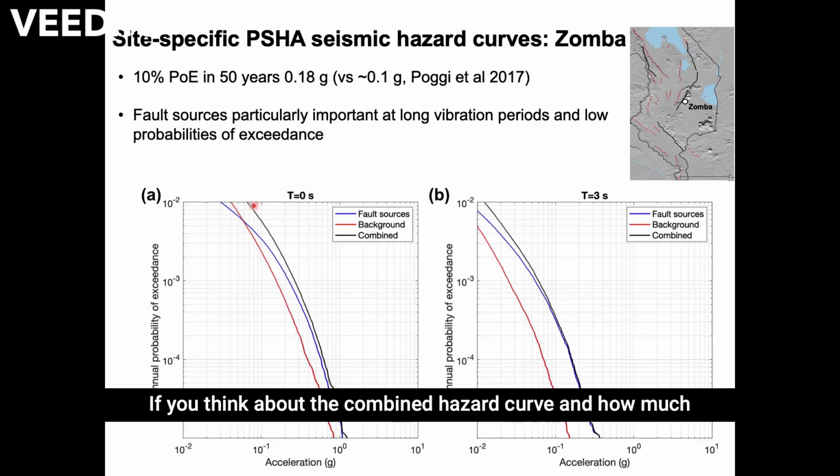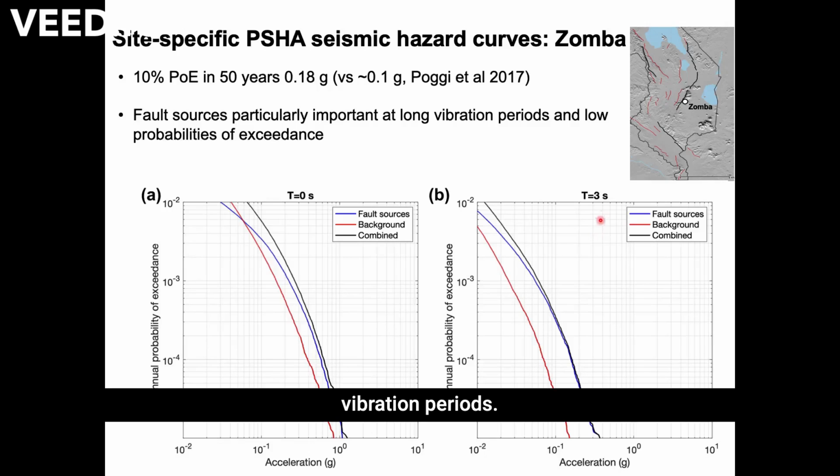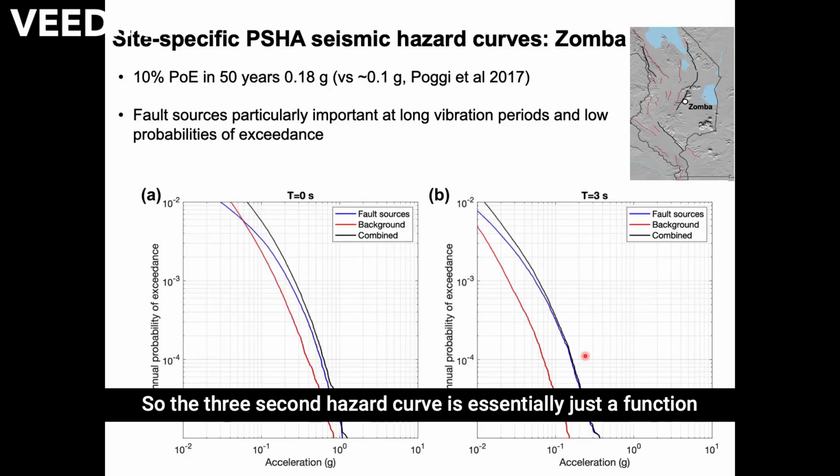If you think about the combined hazard curve and how much it reflects the fault sources, the blue line, and the background seismicity, the red line, we can see that fault sources become increasingly important to the combined hazard curve at low probabilities of exceedance and also at longer vibration periods. So the 3-second hazard curve is essentially just a function of the hazard from the fault sources event catalogue.